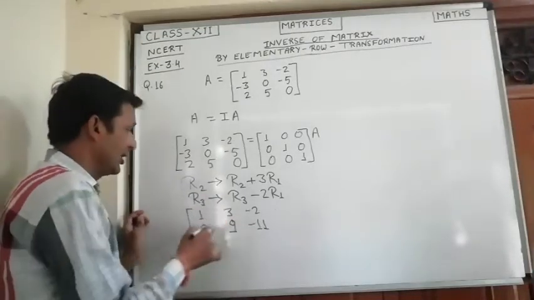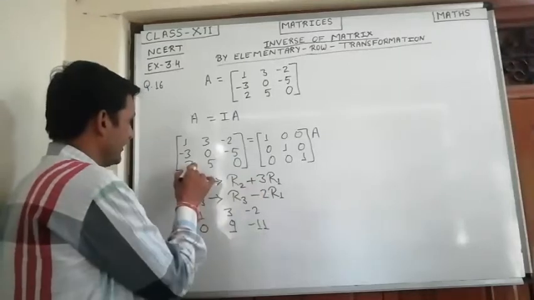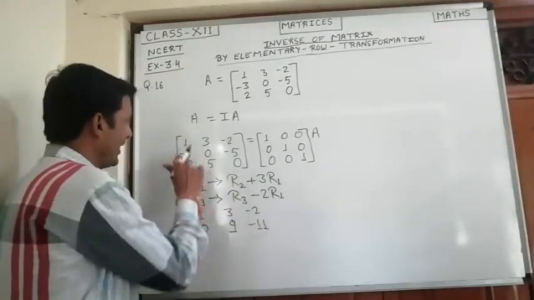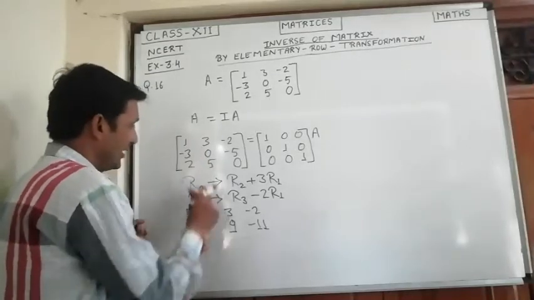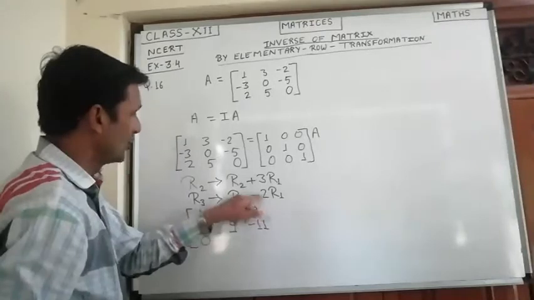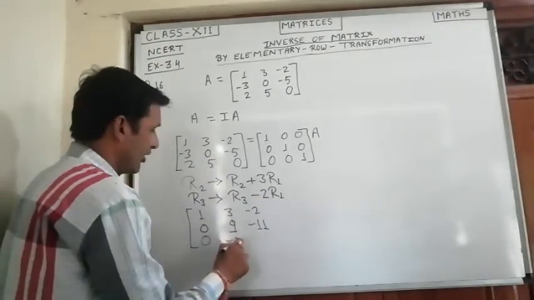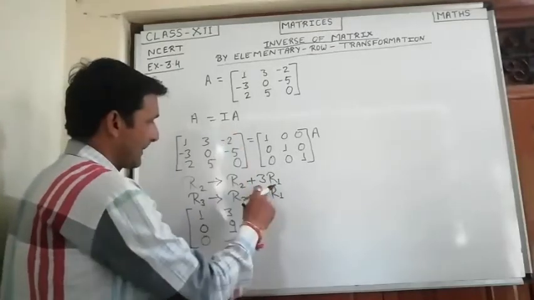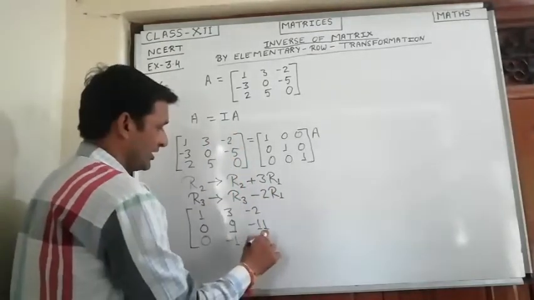Now in the third row, R3 is equal to R3 minus 2R1, meaning 2 minus 1 into 2, that is 2. So 2 minus 2 is 0 and 5 minus 6, because 2 into 3 is 6, so 5 minus 6 is minus 1. Now here it is 0 minus minus 2 times minus 2, so here it is positive 4.